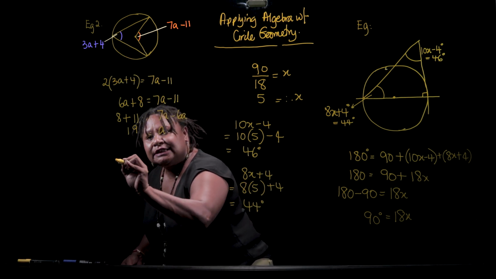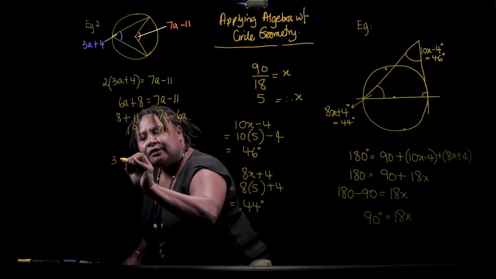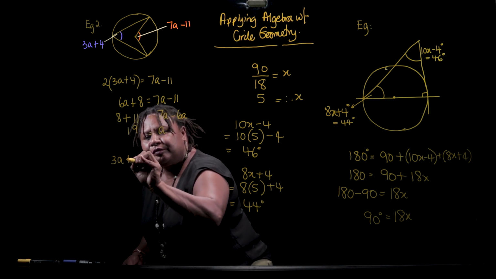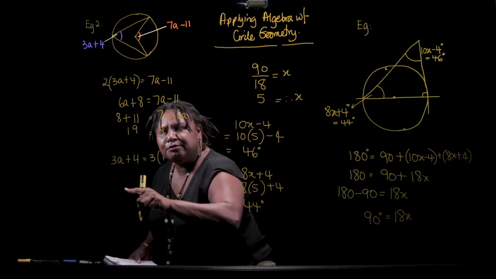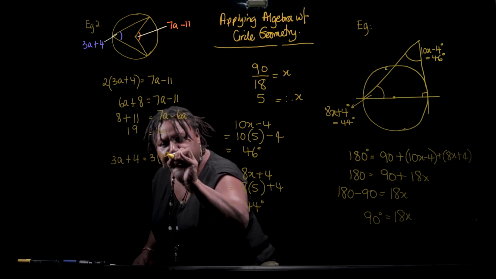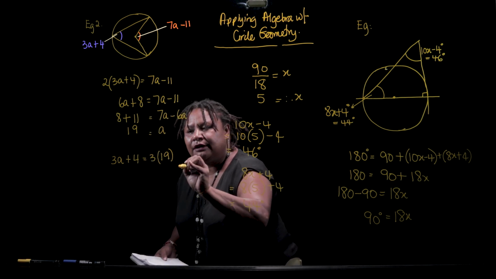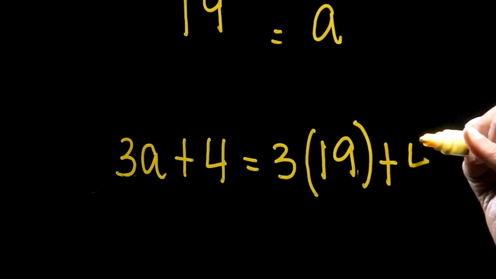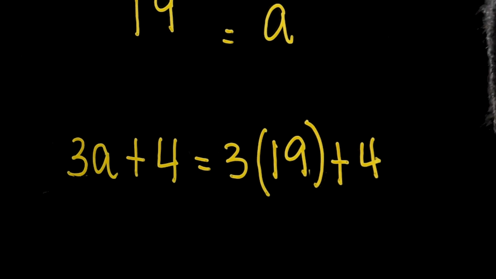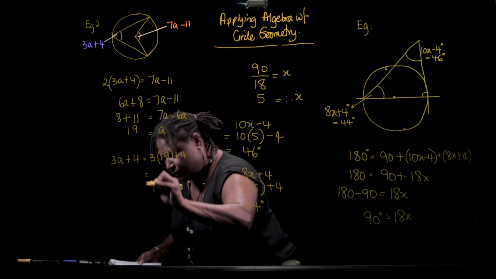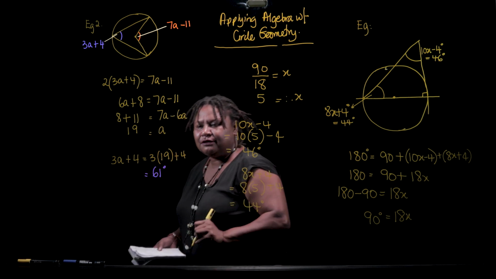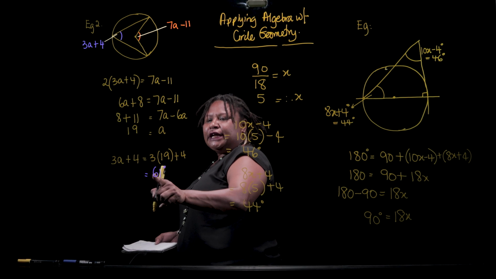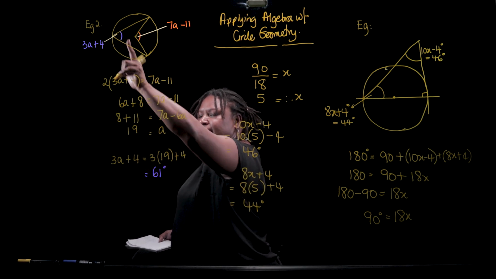So let's see, 3a plus 4. Let's substitute: 3 times 19 plus 4 will give us a value of 61 degrees. So that's the angle here at the circumference.